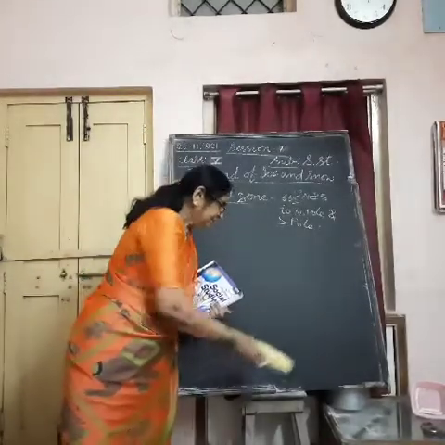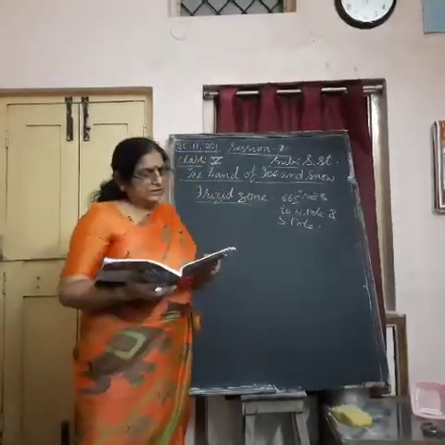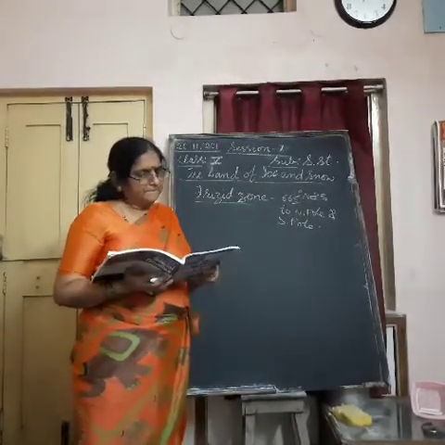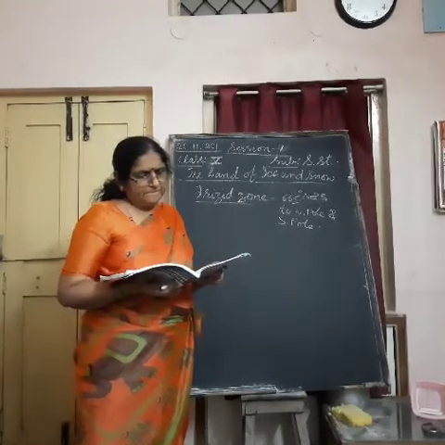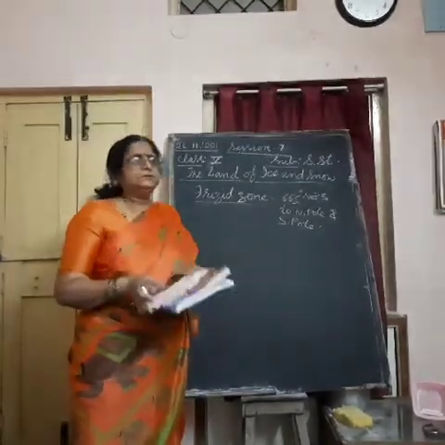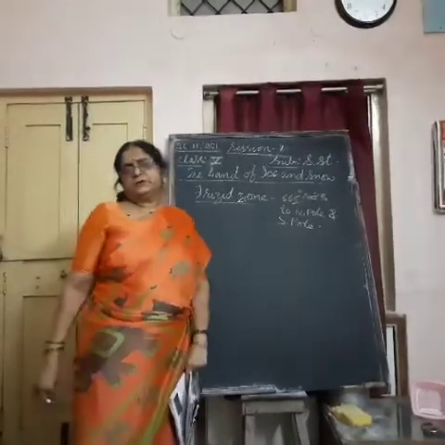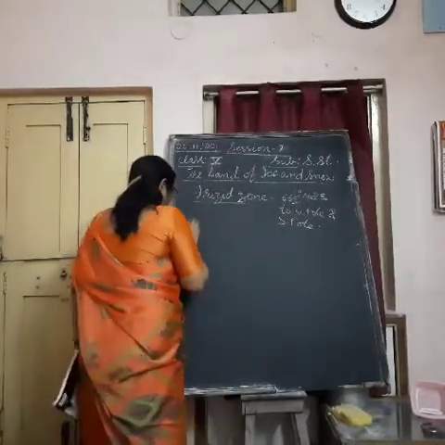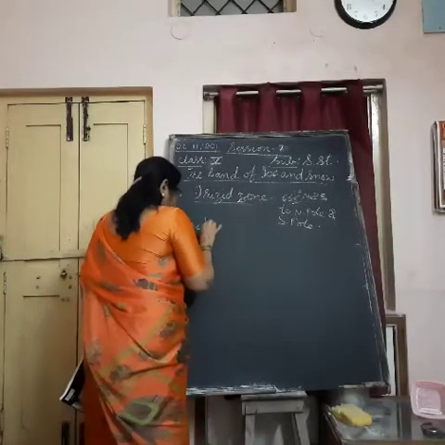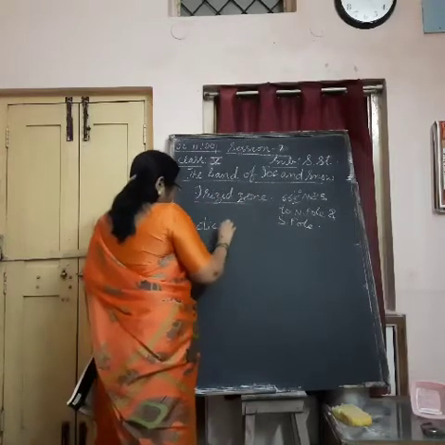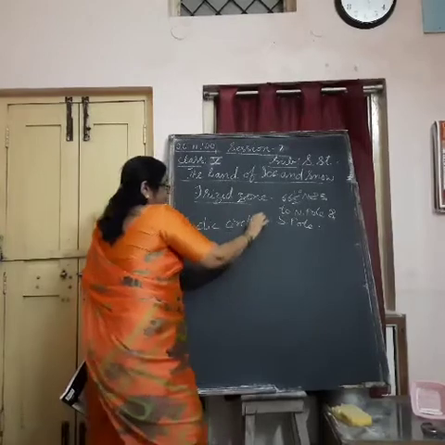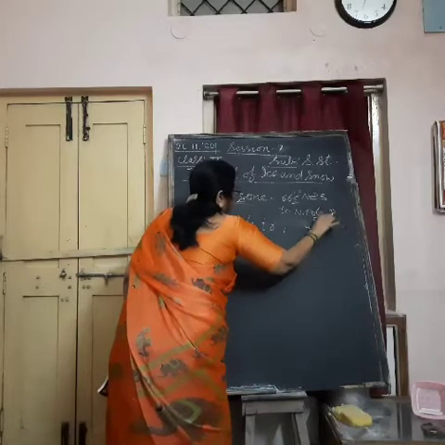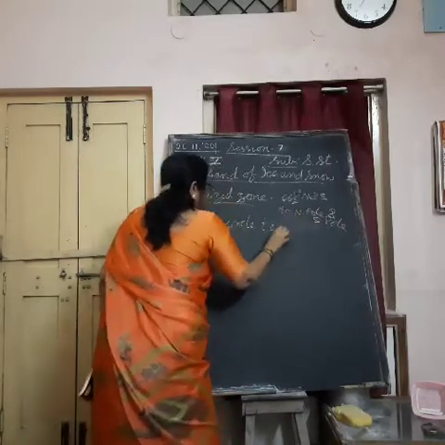Okay. So, let us know about the location of this area. In which continents is it located? The region starts from the Arctic Circle, 66.5 degrees north, to the North Pole.